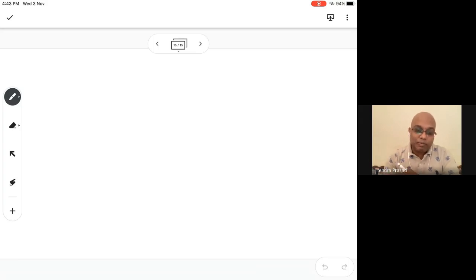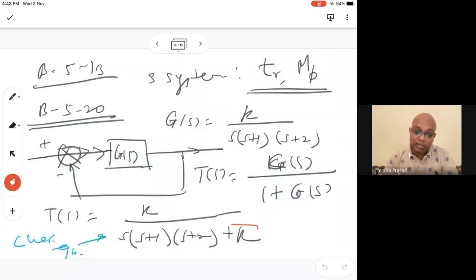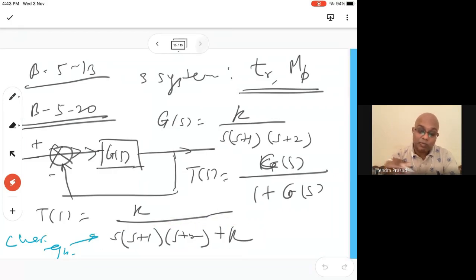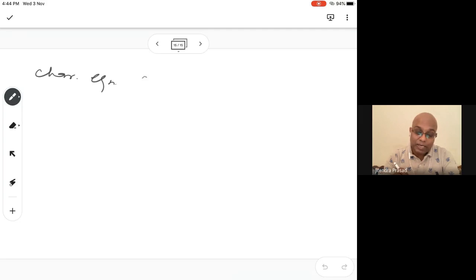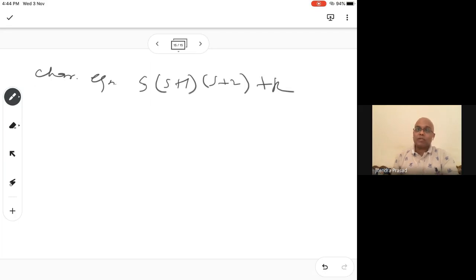So we have the characteristic equation, which we wrote here: S plus 1, S plus 2 plus K. We apply the Routh stability criteria, and for doing that, first we spell it out.